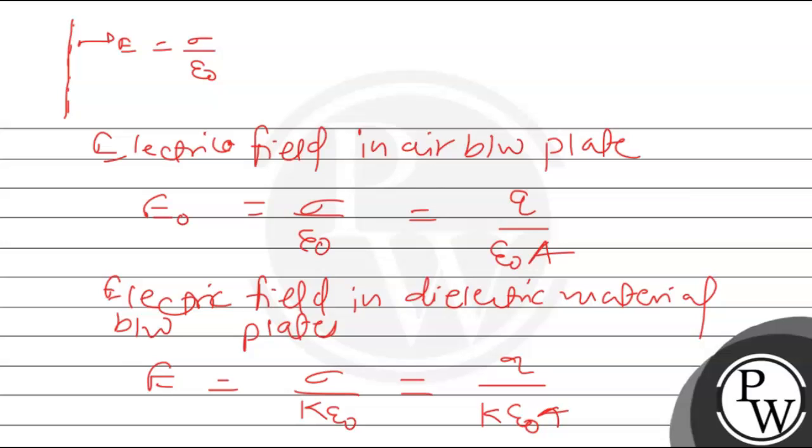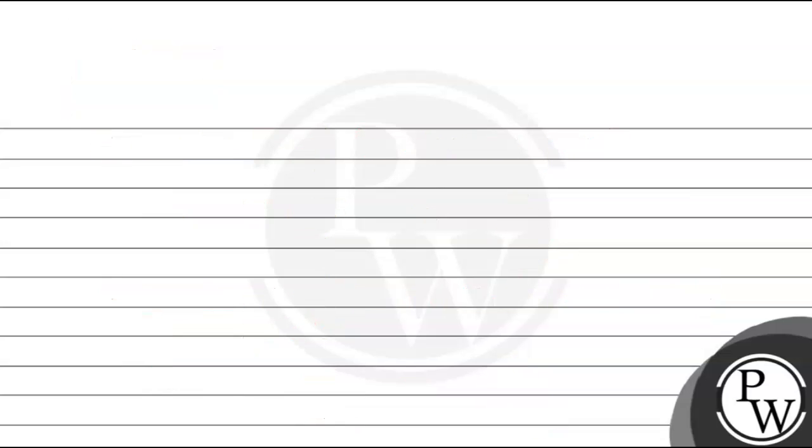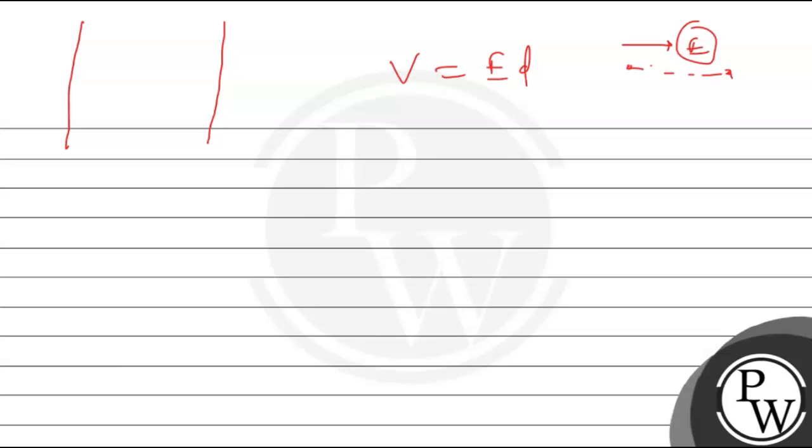Now let us write the potential difference between these two plates. If we want to know the potential difference, we can simply multiply the electric field by the distance between these two points, and the electric field is uniform.